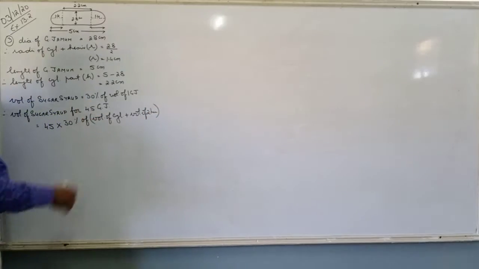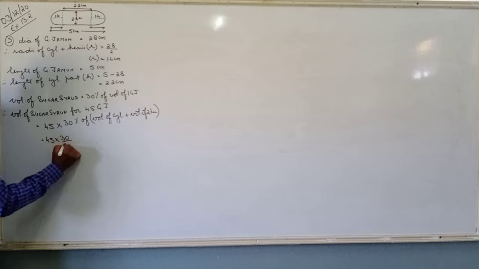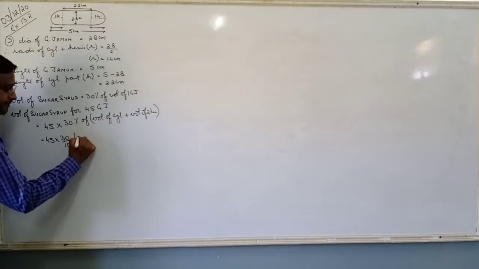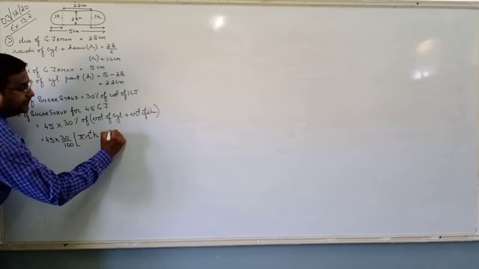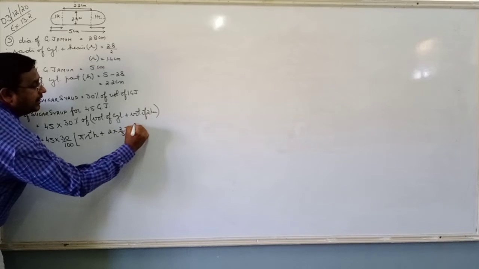So 45 multiplied by 30 upon 100, percentage is converted, into volume of cylinder pi r square h plus volume of two hemispheres 2 into 2 by 3 pi r cube.